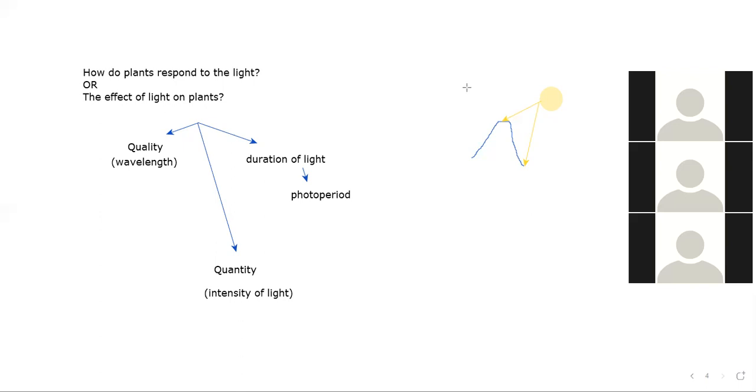Then comes the visible spectrum, whose wavelength is more than that of the UV rays. Then come infrared radiation, then microwave radiation, and then radio waves. So these are the various orders.